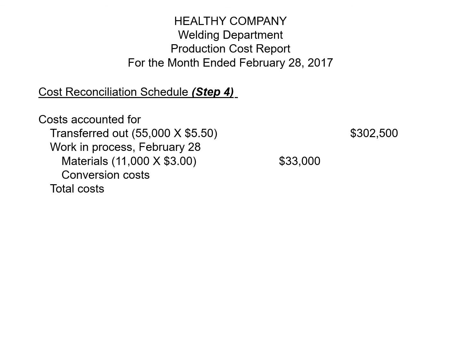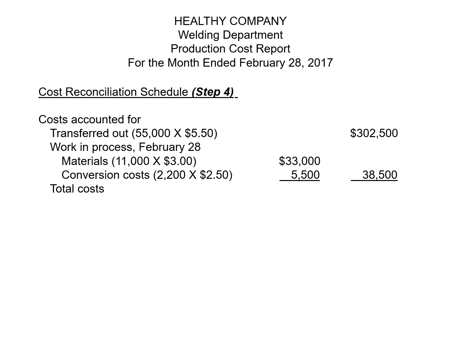We know that our equivalent units for materials for the ending work in process was 11,000 units. We're simply going to multiply that by the materials cost per unit of $3 to arrive at $33,000. We also know that our equivalent units for our ending work in process conversion costs were 2,200.